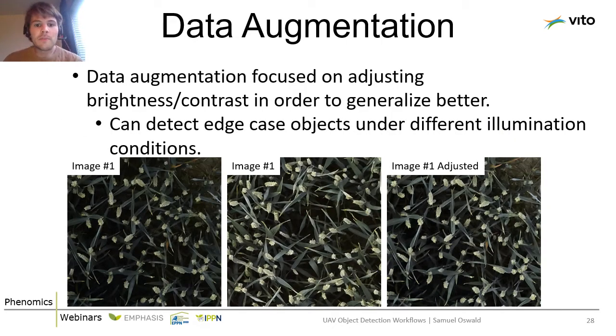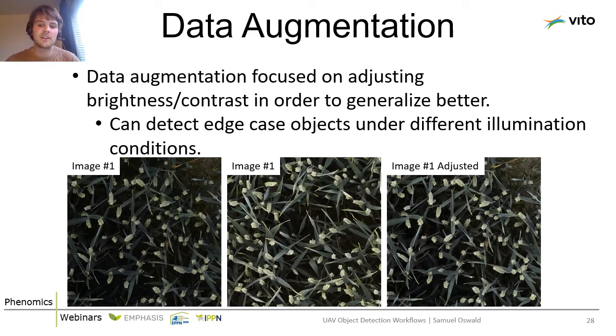For data augmentation, this is also something that we found is very useful for most phenotyping cases. If you just import the data itself into a model for training, it will often work, but it might not be so generalized. And here's a case here. What our data augmentation principally focuses on is adjustment of brightness and contrast in order to create better generalizations.